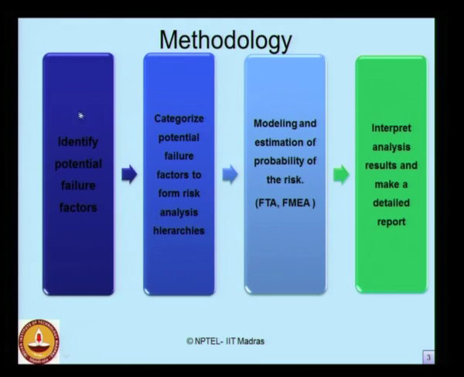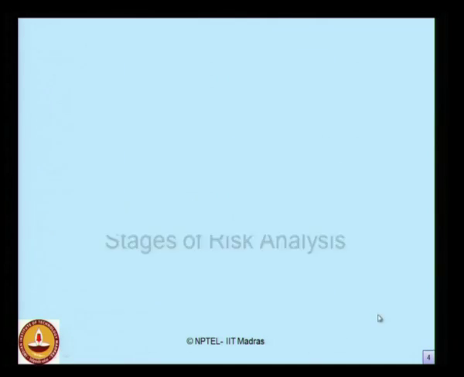In the first module, you identify the potential failure factors responsible for that failure. You categorize them and prioritize them based on the risk factors in a hierarchical manner. You then model and estimate the probability of risk involved in these failure factors, then interpret the analysis results and prepare a detailed summary report based on your analysis.